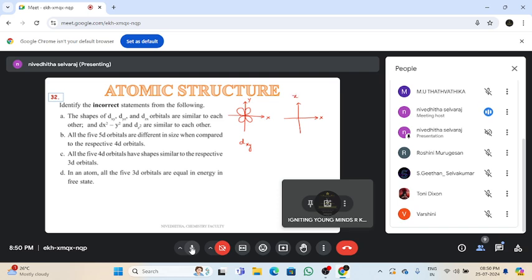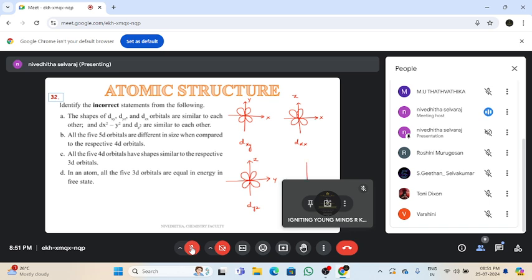The electron density will be between the x-axis and z-axis, so this is the shape of dzx. Next, this is the y-axis and this is the z-axis, so the electron density is between z and y. This is the shape of dyz. So these three orbitals have the same shape. There is no doubt about it.